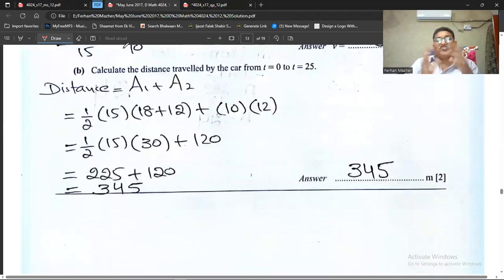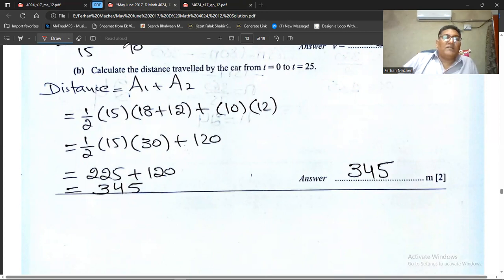Okay, so the distance traveled will be equal to the area under the speed time graph, and in the area under the speed time graph I can make two shapes. The area of shape one plus the area of shape two. Shape one is the trapezium, and you know the formula for the area of the trapezium is 1 by 2 into the height of the trapezium into the sum of the parallel sides, plus area 2 is a rectangle. Its area is length multiplied by width.